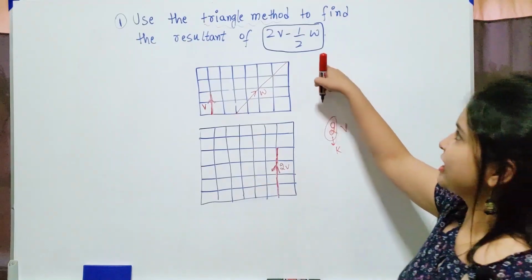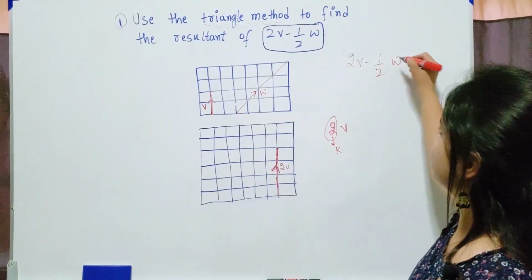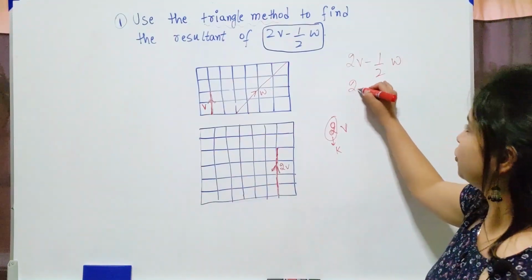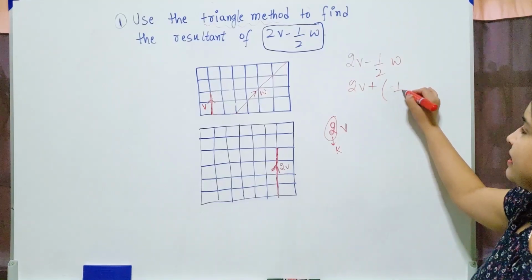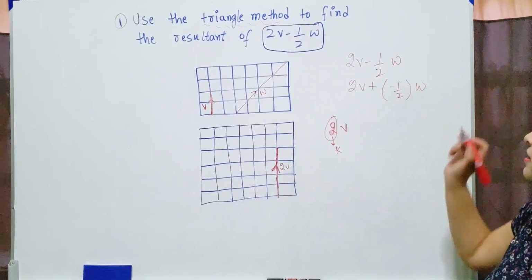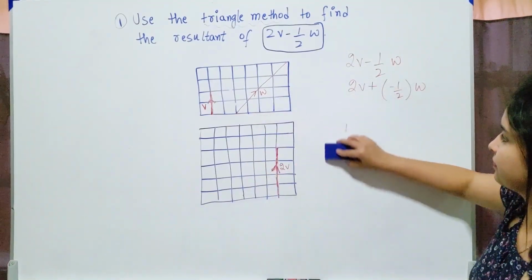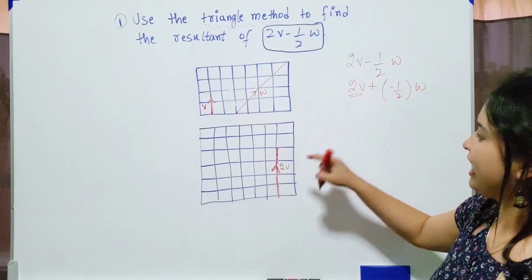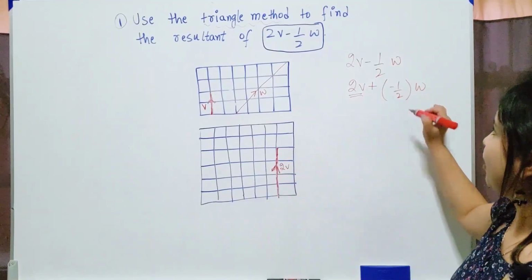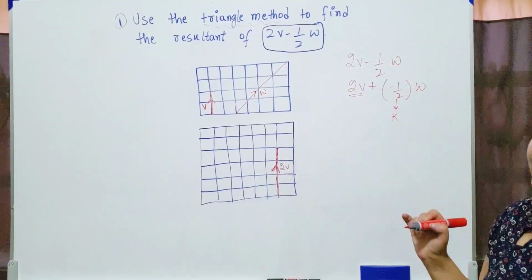Now, next part of the question is 2V minus half of W. That is 2V. I can write this as plus minus 1 over 2 times W. Now, 2V I have already found. Now, I have to find minus half. Minus half is my k.